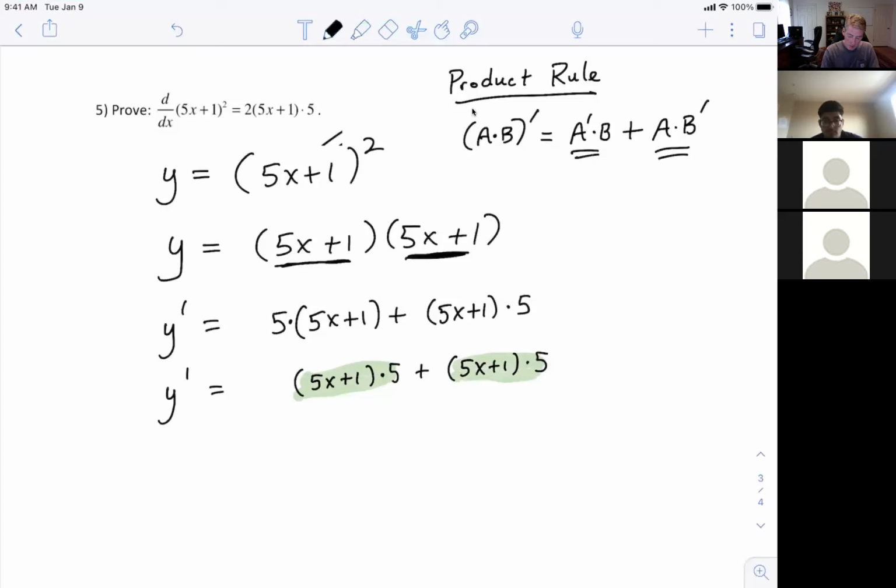So if you're adding two things and they're exactly the same, that means you have two of them. So we have two of them that say parentheses 5x plus 1, and they both have a 5 at the end. And that is exactly what I said the answer was going to be. So we actually did prove it.